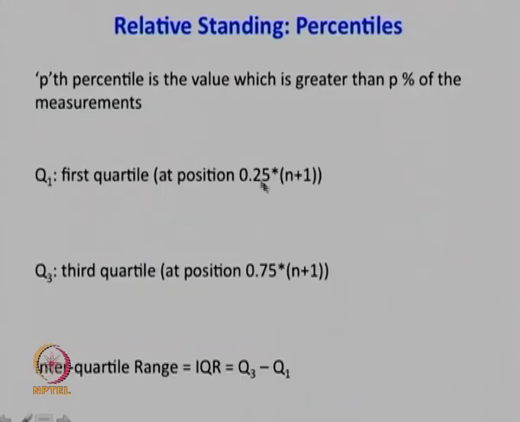It is defined as the value which is positioned at position 0.25 times (n+1). Accordingly, the third quartile is defined at position 0.75 times (n+1), and you can calculate something called the interquartile range, which is nothing but the difference between Q3 and Q1.